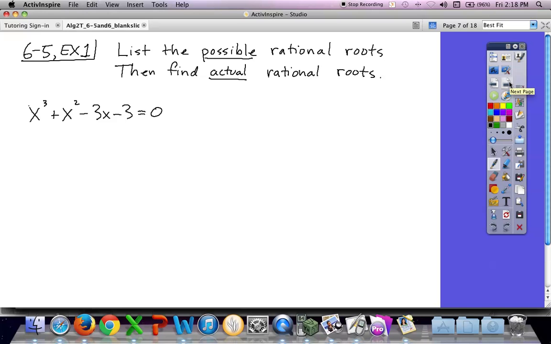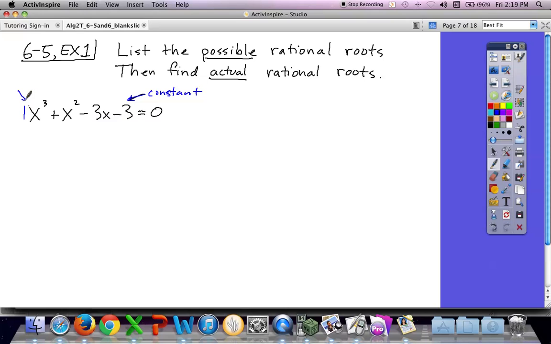Okay, the constant term is this, right? Let me change that to blue. Right, the constant term is that. The leading coefficient is whatever is the coefficient of the highest degree term, which is usually on the left, right?